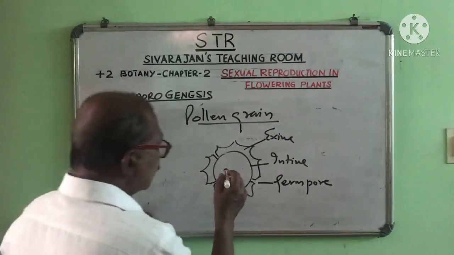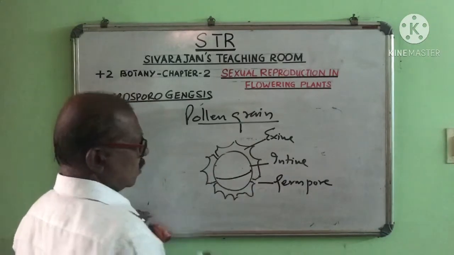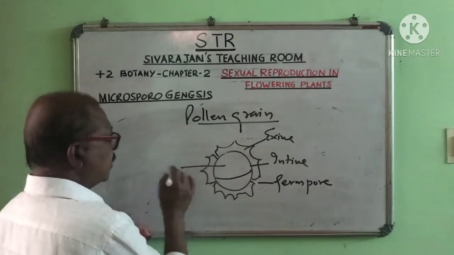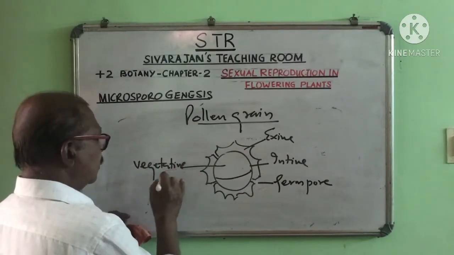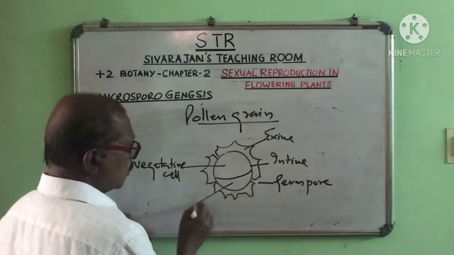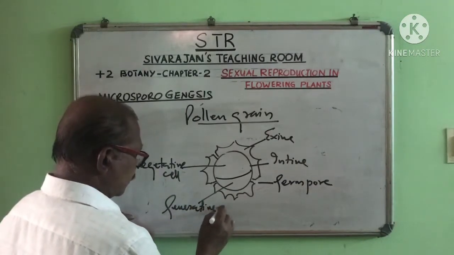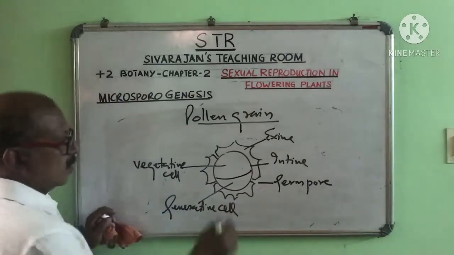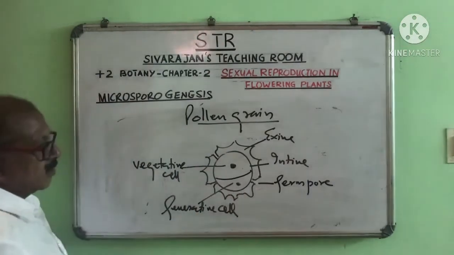And it contains 2 cells. One big cell called the vegetative cell, and the small one called the generative cell. This is the vegetative cell and this is the generative cell.